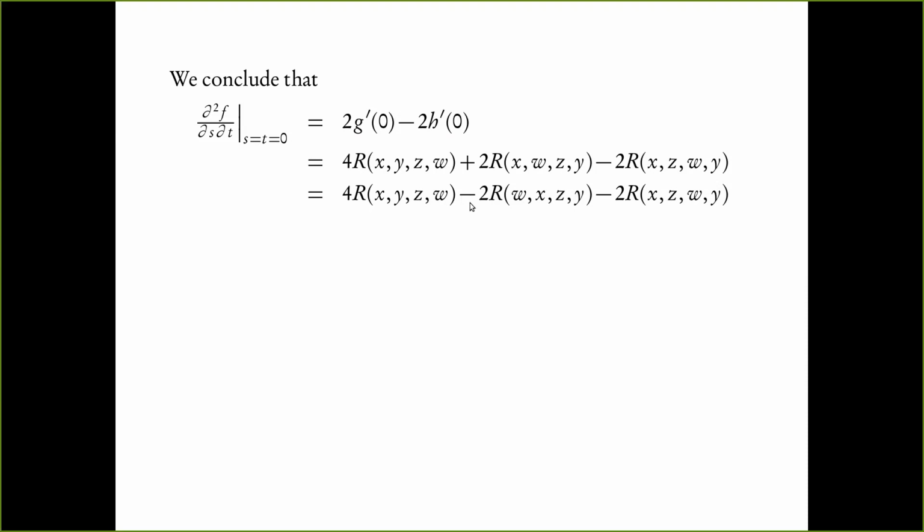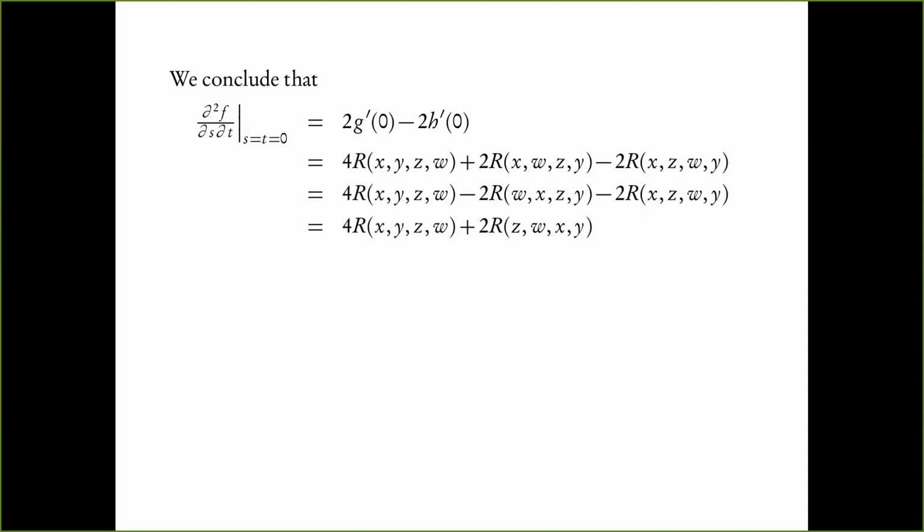So that's already one symmetry that we haven't used. We made use of it now. Now you can apply the Bianchi identity because the y appears on the right. So look at the 2 terms with the negative signs. The y appears on the extreme right, and you can use the Bianchi identity because w, x, z appears in a cyclic fashion. So what should the Bianchi identity give you? It gives you twice R(z, w, x, y), correct?